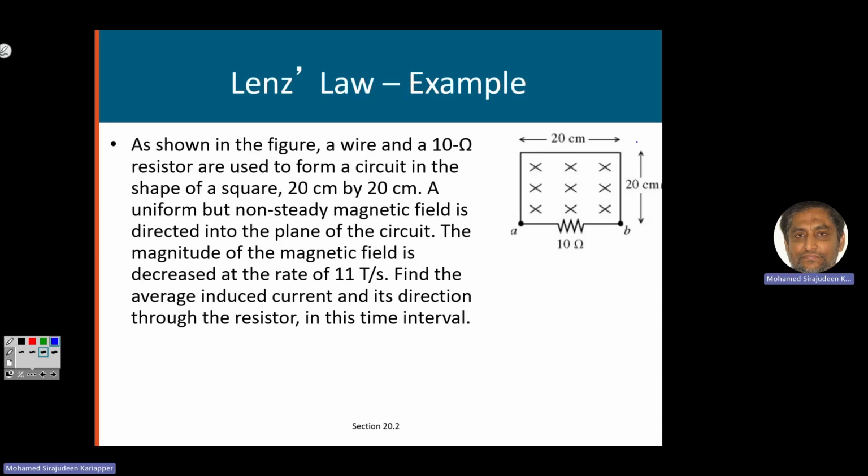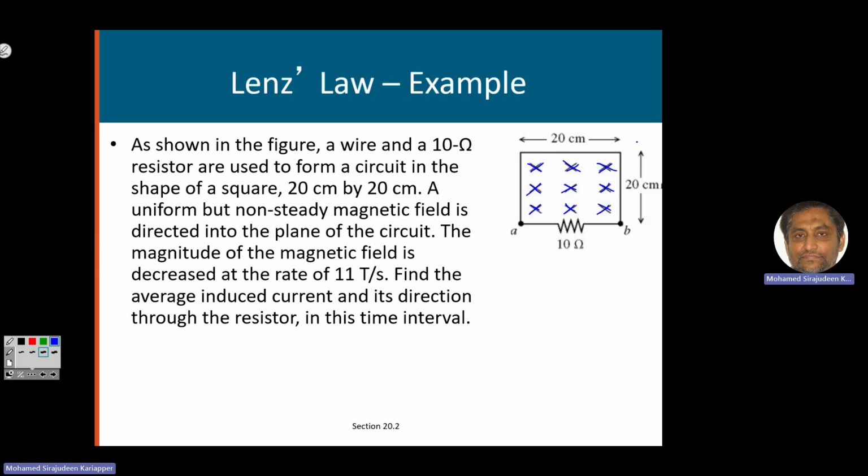So we have a loop, something like this, and we don't send anything. We keep it in a magnetic field. The magnetic field direction is this. Do you understand the direction? Cross means into the board, perpendicular to the loop.